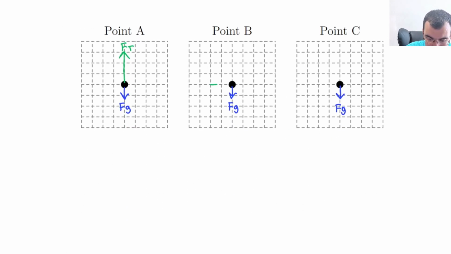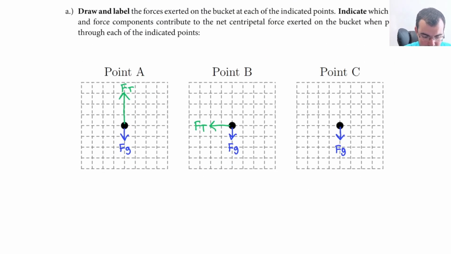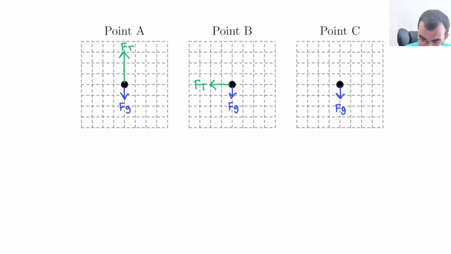And there's only 2 units of tension required here to get us 2 units of net force towards the center. And then at point C, we're at the very top. If we're at the very top, we're getting pulled down. So what downward pull do we need to get that? Well, that's just going to be 1.